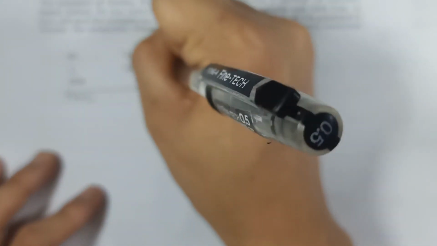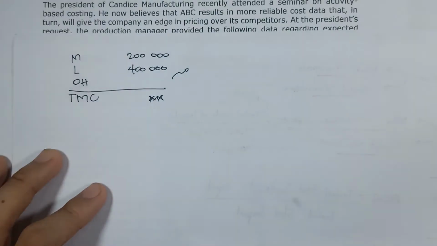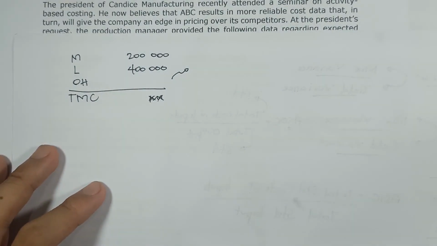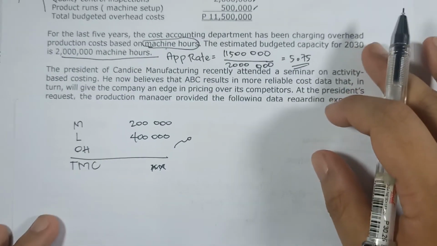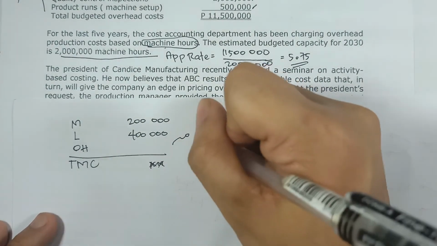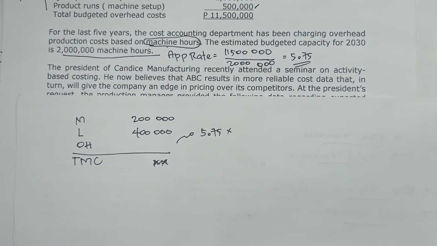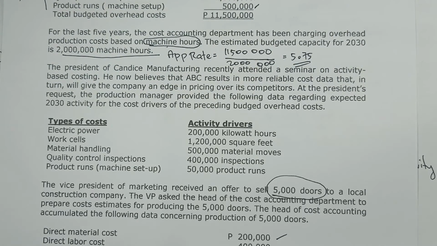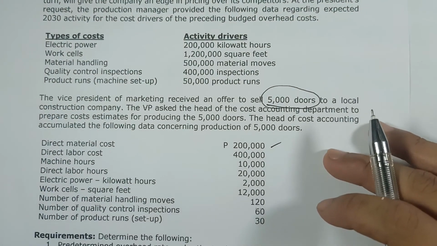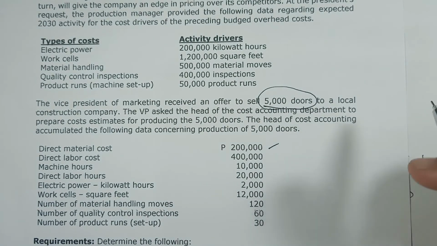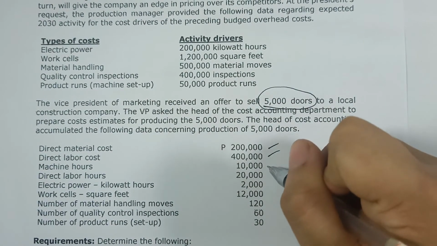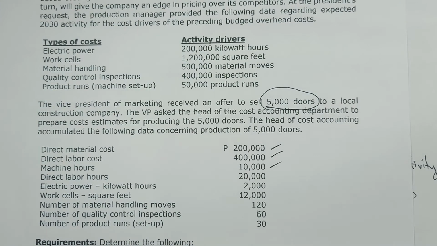And then for the factory overhead, of course, madali na lang yan since alam na natin yung application rate. The application rate, as computed a while ago, is 5.75 times machine hours. Ilan machine hours ang magagamit sa 5,000? Sabi ng cost accounting manager, we will be using a total of 10,000 machine hours for the production of 5,000.